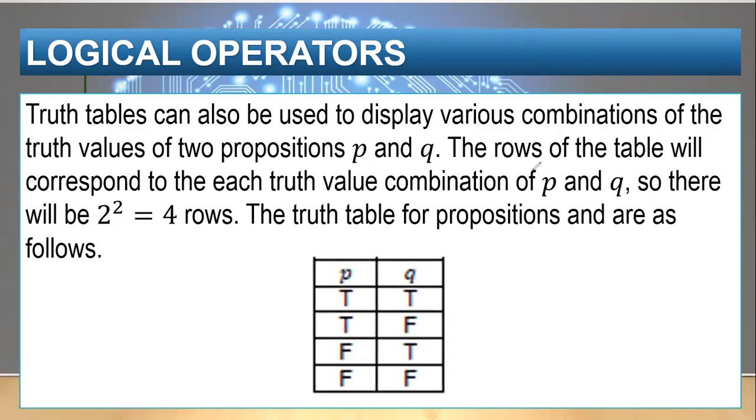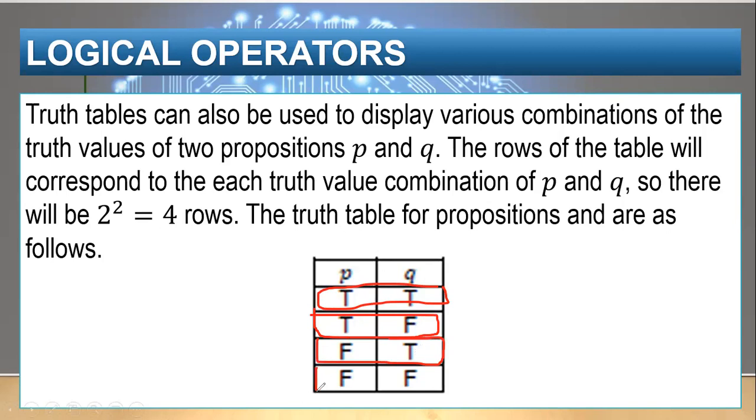So what does this truth table mean? We have proposition P and proposition Q. For the first row, both P and Q are true. For the next row, P is true, Q is false. Next row, P is false, then Q is true.